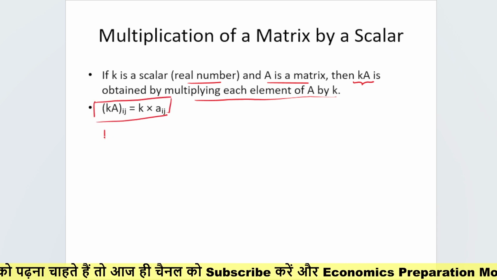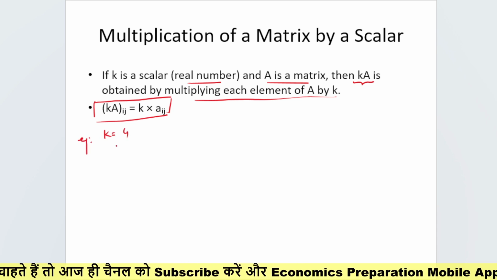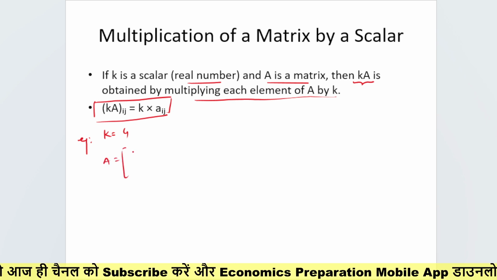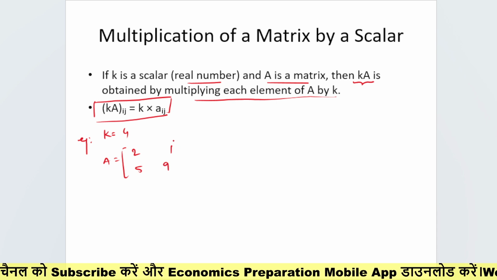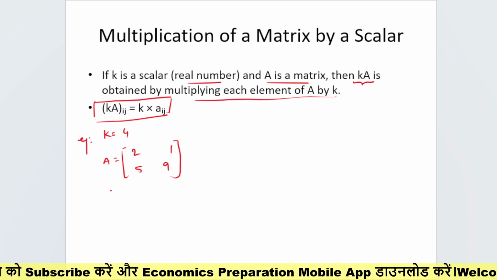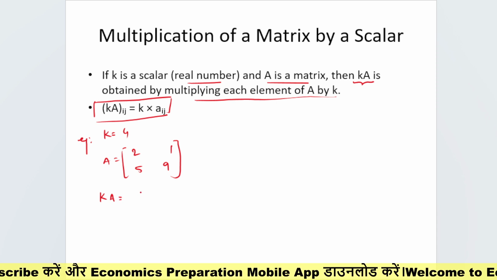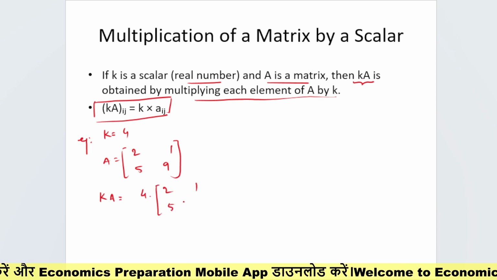Now suppose we have K equals 4, and our matrix A is 2 1 5 9. Then if we have to obtain K into A, this will be 4 multiplied by 2 1 5 9.